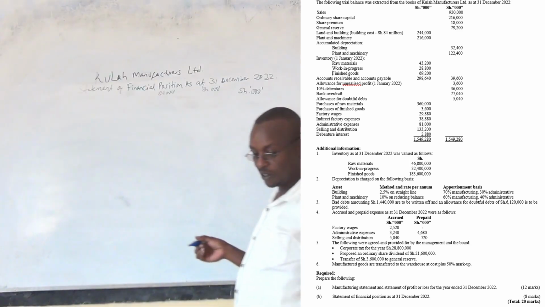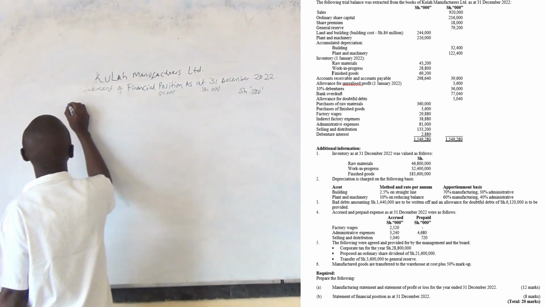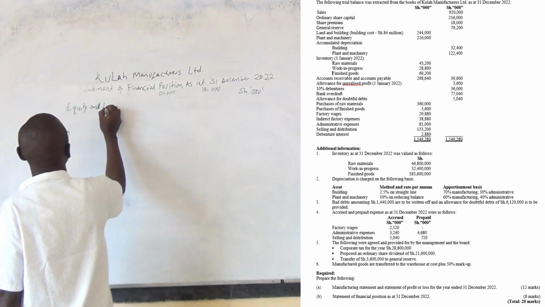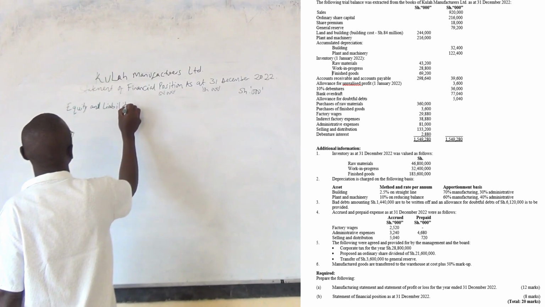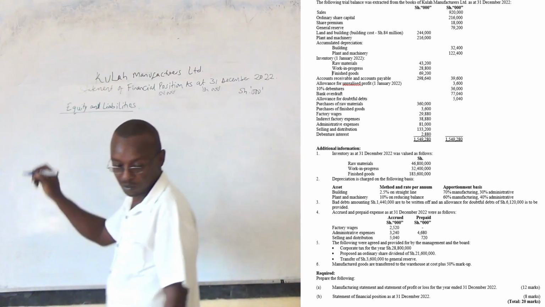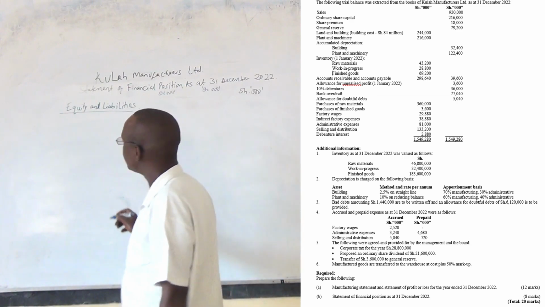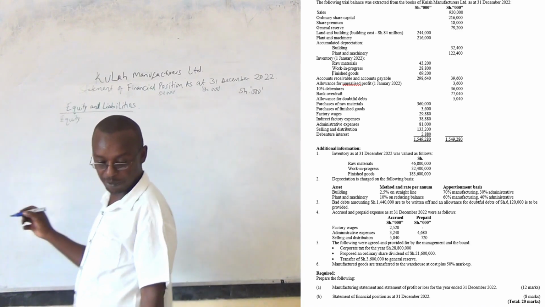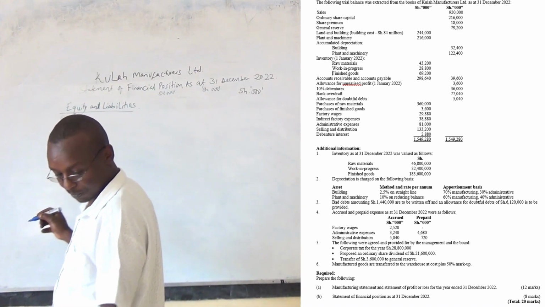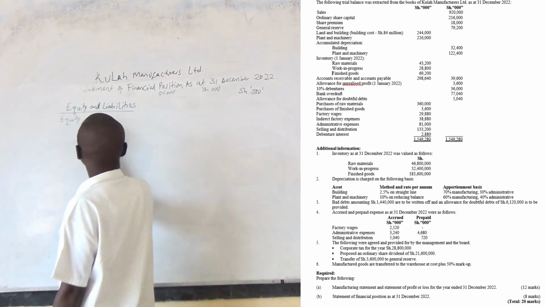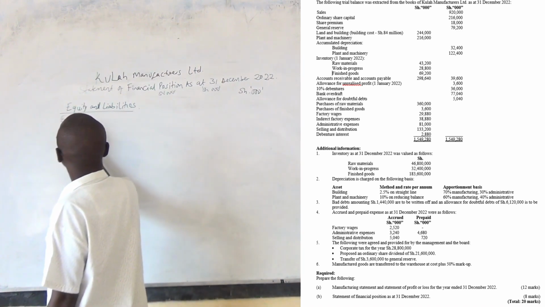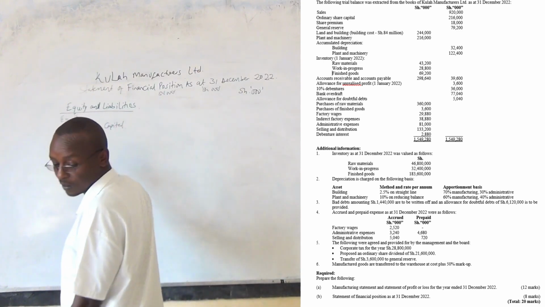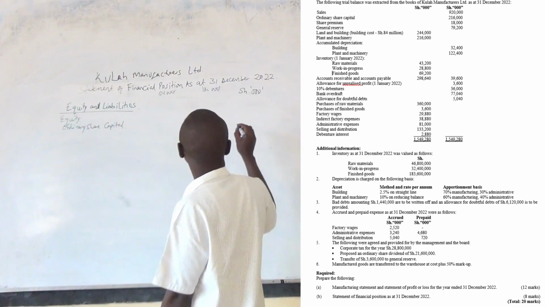Of the statement of financial position, we are going to deal with equity and liabilities. So equity, we have ordinary share capital. How much? Ordinary share capital is 216,000.